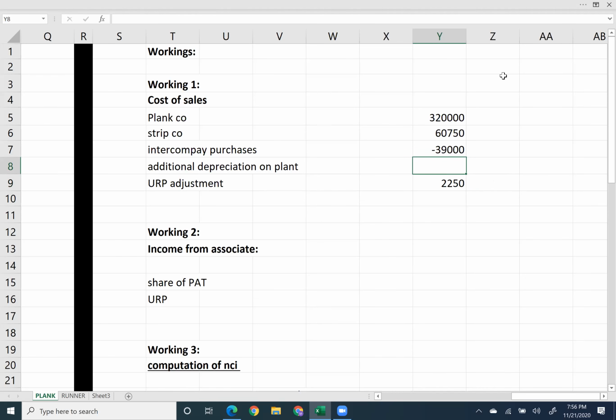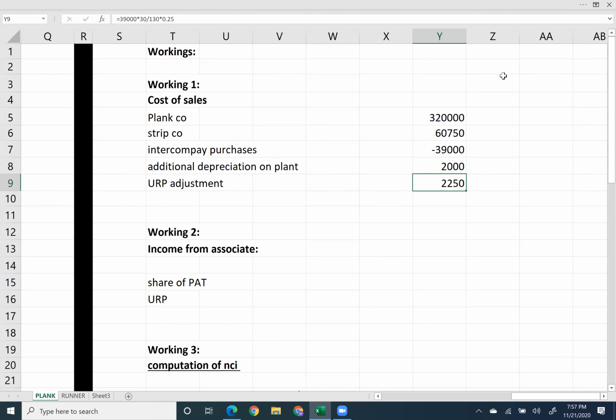Okay, now hope you remember the upward fair value adjustment excess depreciation. How to calculate? It's 8,000 divided by 3. This is per year depreciation, times 9 months, which is 0.75. That gives 2,000. Okay, right?